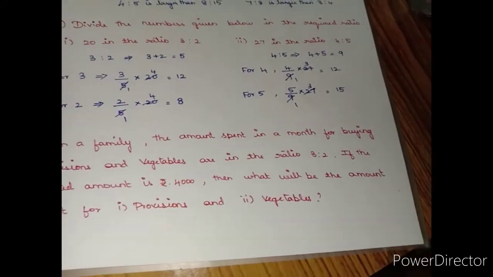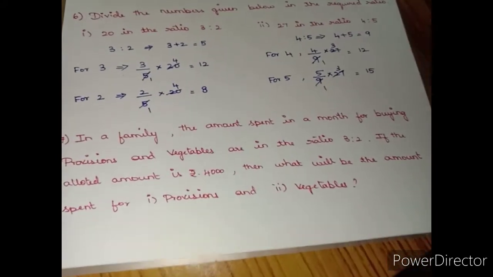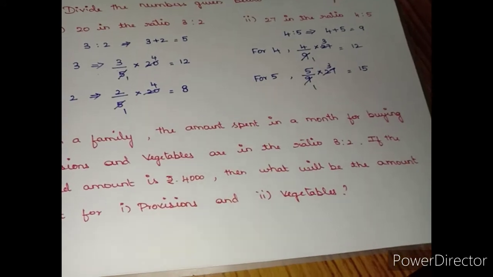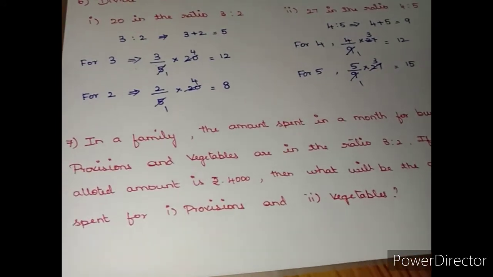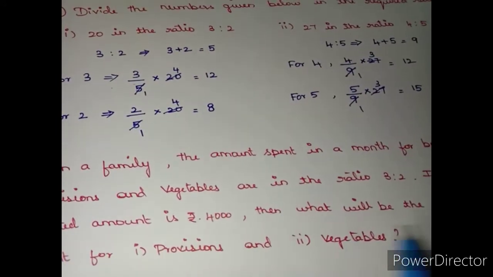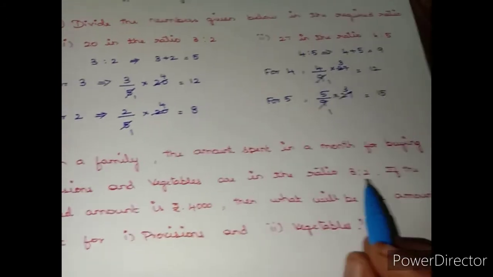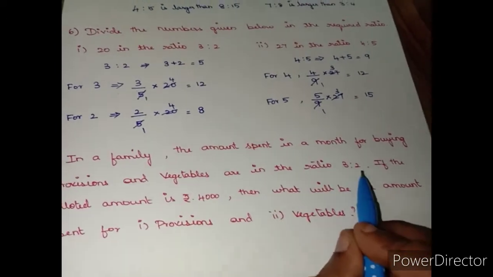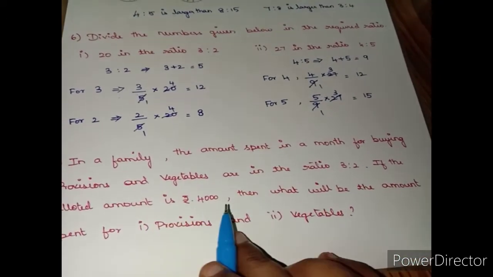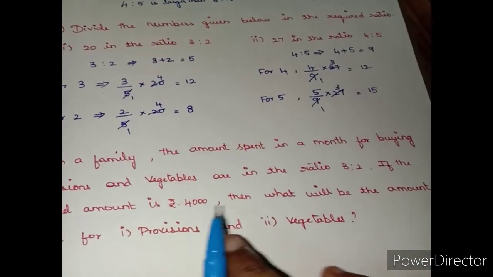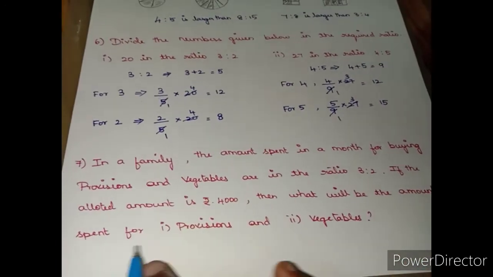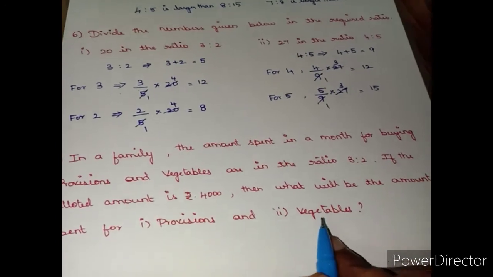See the next question. In a family, the amount spent in a month for buying provision and vegetable are in the ratio 3:2. So they are buying provision for 3 times and vegetable for 2 times of the money given. If the allotted amount is rupees 4,000, then what will be the amount spent for provision and vegetable?